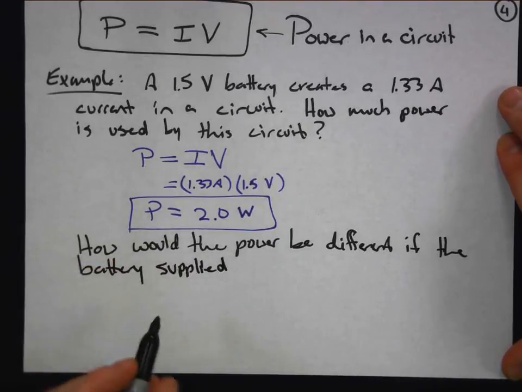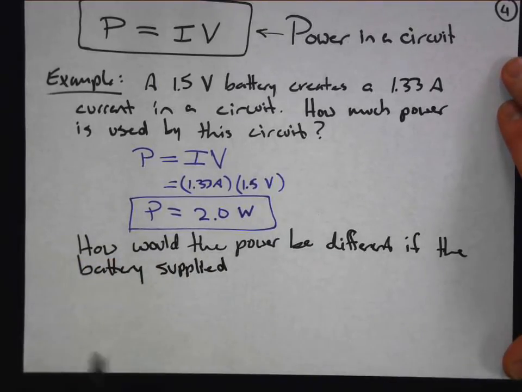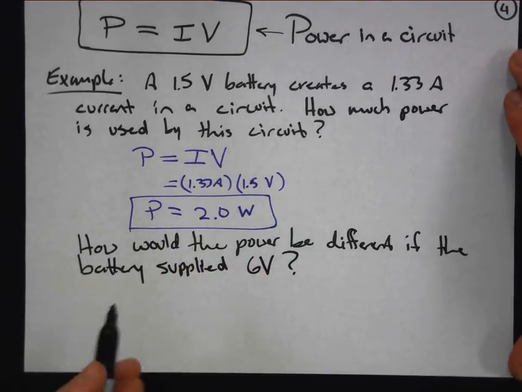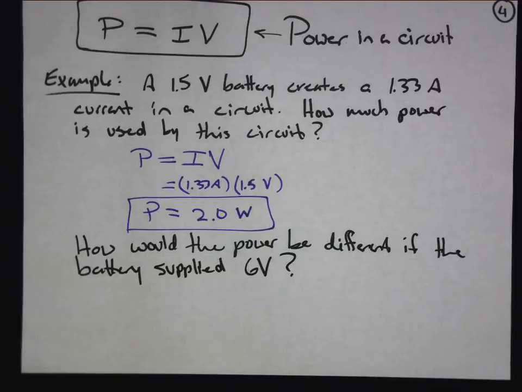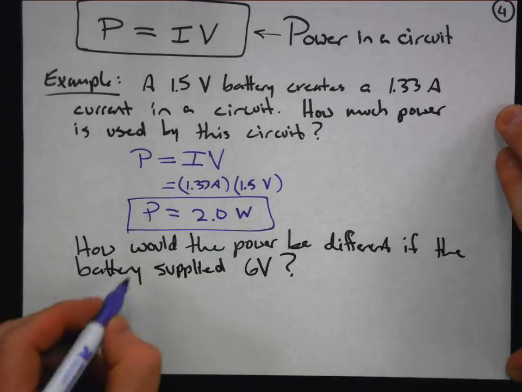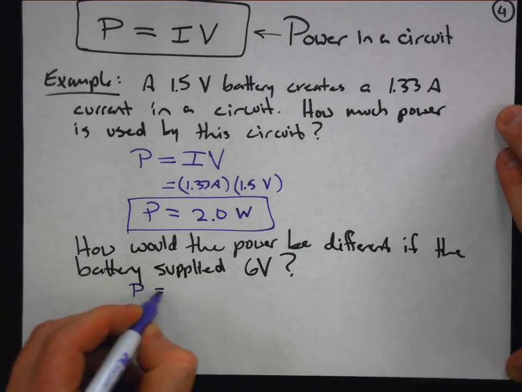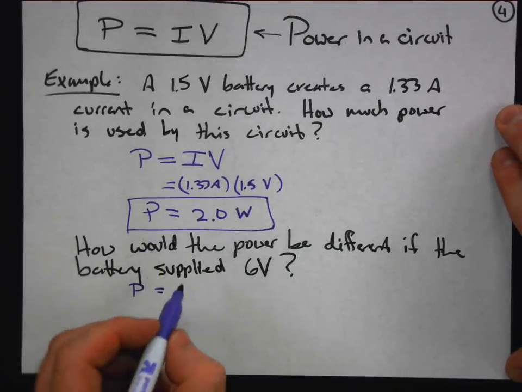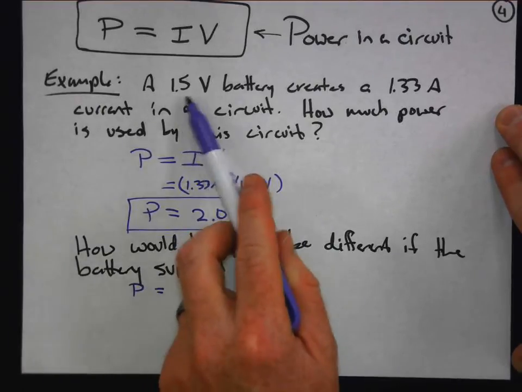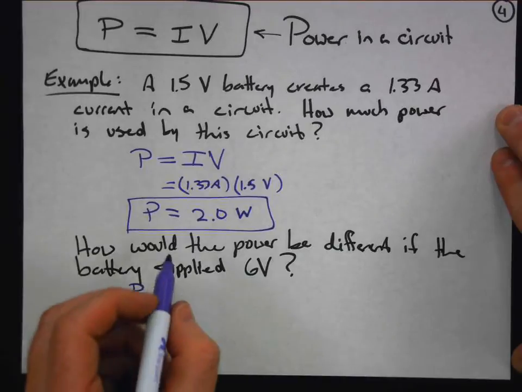Just letting this sink in. How would the power be different if the battery supplied 6 volts? Question. Well, okay. I simply go back and say, power is going to be current times voltage, but we are increasing the voltage from 1.5 to 6 volts.